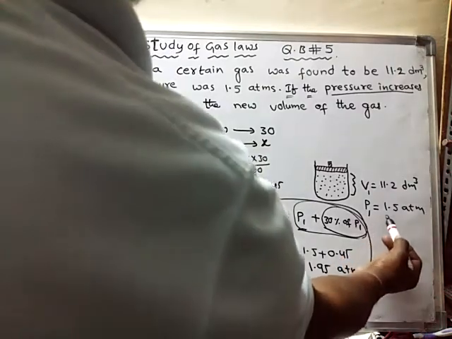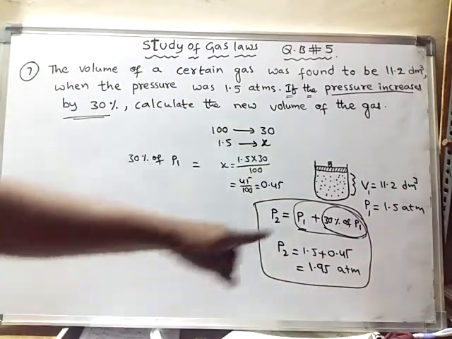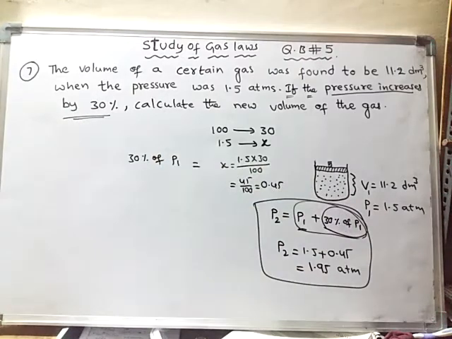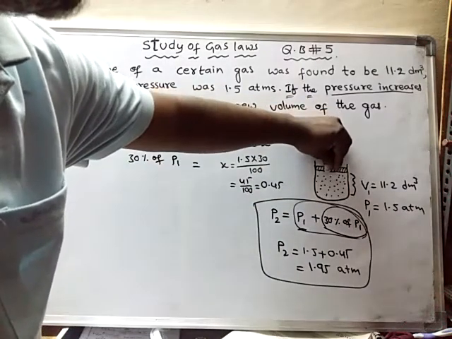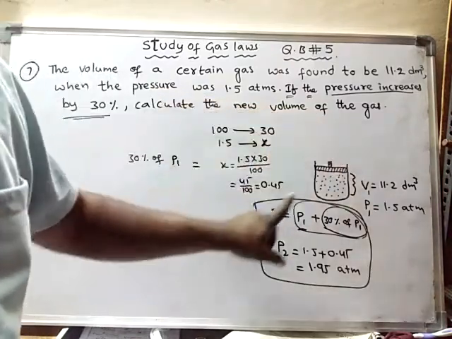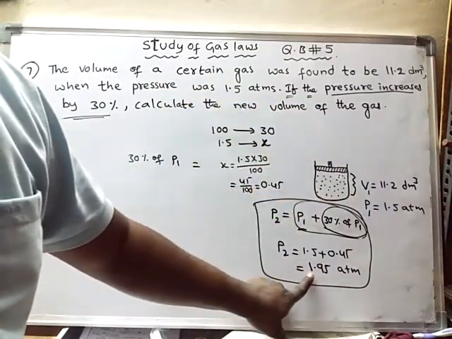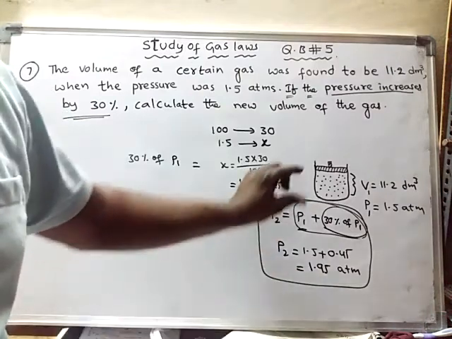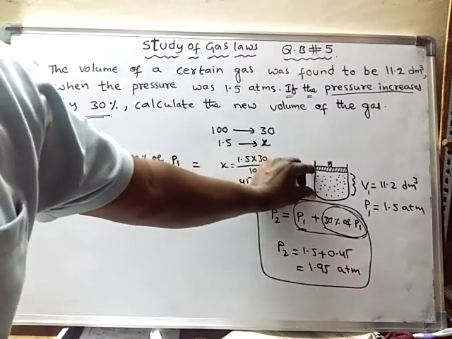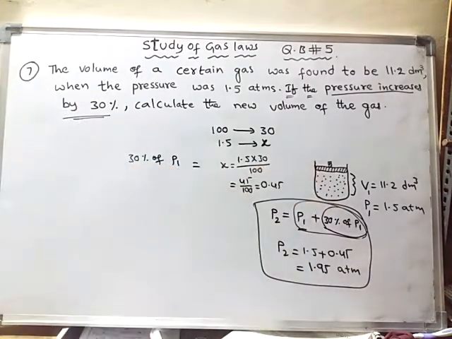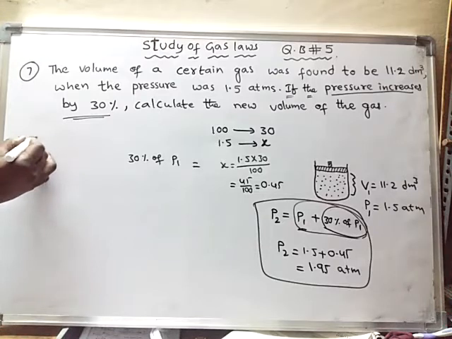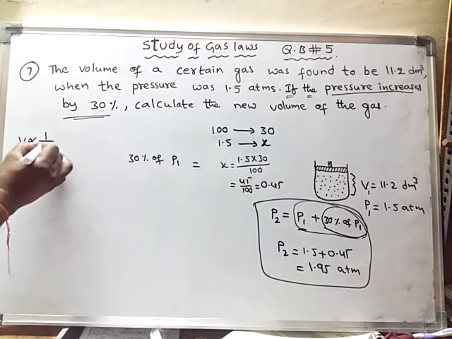So the initial pressure is 1.5 atmosphere and the initial volume is 11.2 decimeter cube. If I increase the pressure on this gas by 30%, the new pressure will be 1.95 atmosphere. When pressure is increased, what happens to the volume? The volume will decrease automatically, because according to Boyle's law, volume is inversely proportional to pressure.